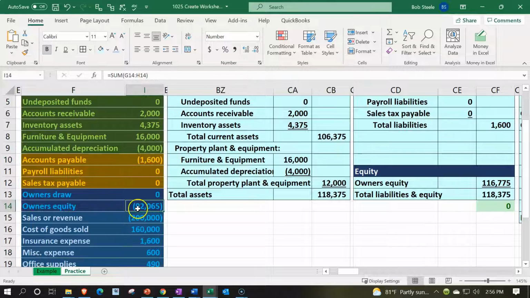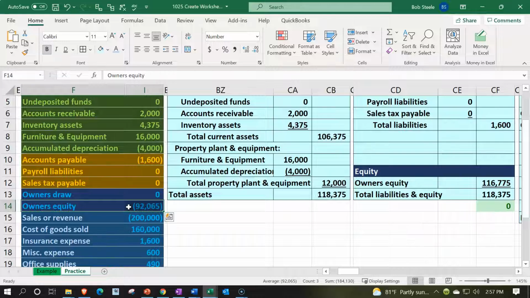The other thing that could be in this equity account would be investments from the owner. If I'm the owner, I put money into the company, then that's another thing that could have an impact on the equity section. We could break out another account called owner investments that would be similar to draws, except the money's going the other way from the owner into the company. It's less often done that way.